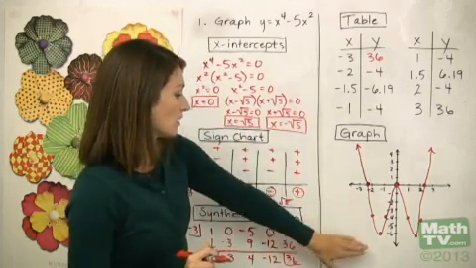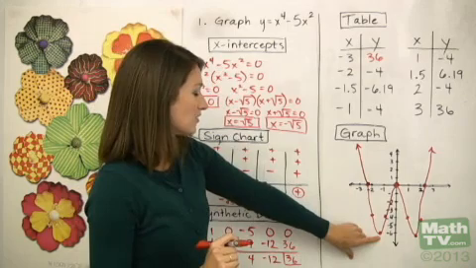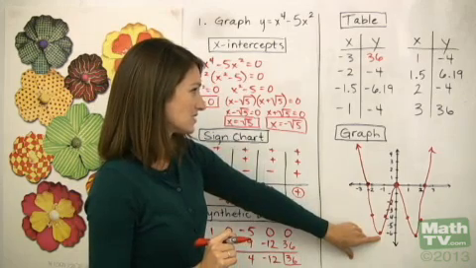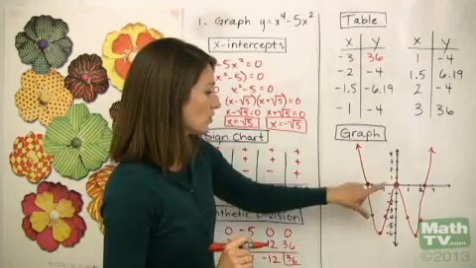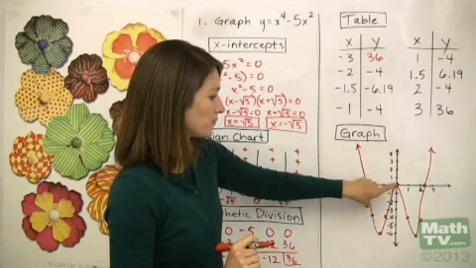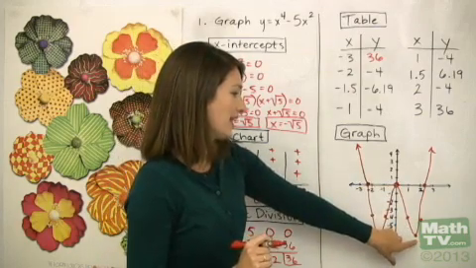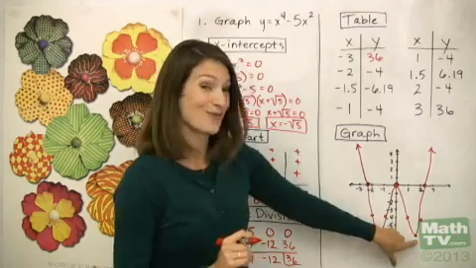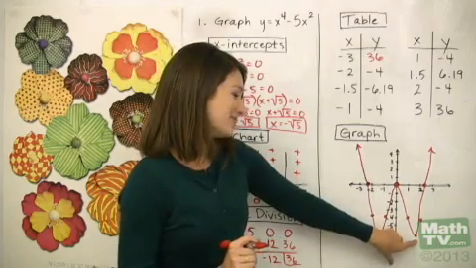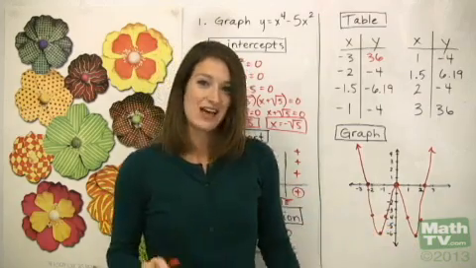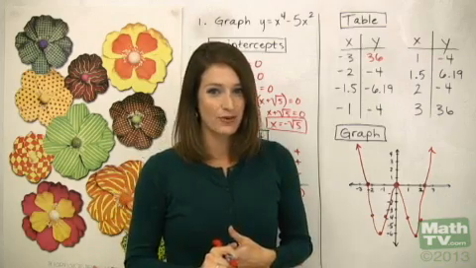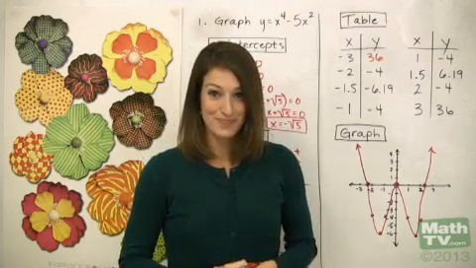And so we found them. We have one down here at -1.5 and -6.19. We have a turning point at the origin at 0, 0. And then our third turning point at +1.5 and -6.19.